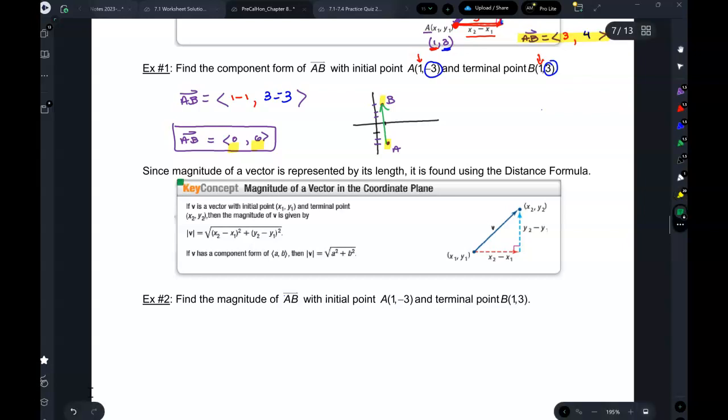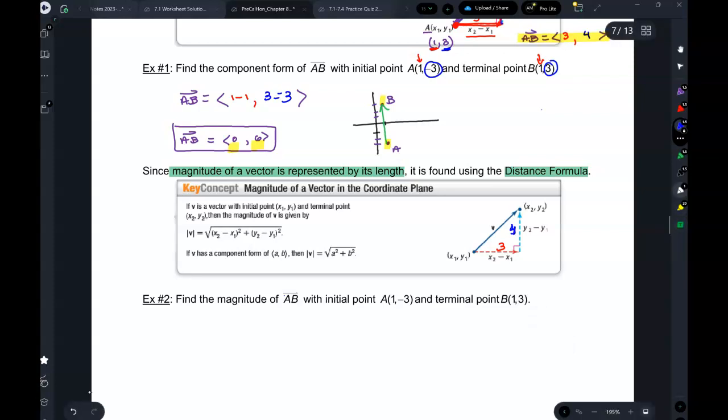All right, now let's talk about magnitude. Since magnitude of a vector is basically the actual length of the vector, then if you have the horizontal and the vertical components, you just need to use the distance formula, which is the same as the Pythagorean theorem. So if I knew the x component and the y component, how would I find the length of vector v? I would basically do 3 squared plus 4 squared, right?